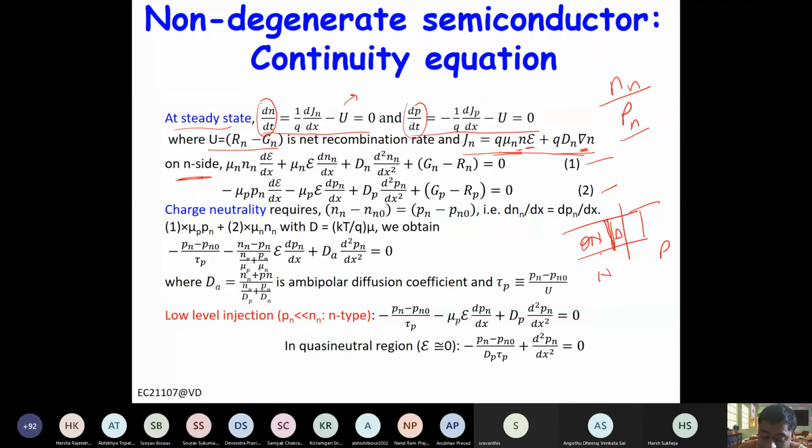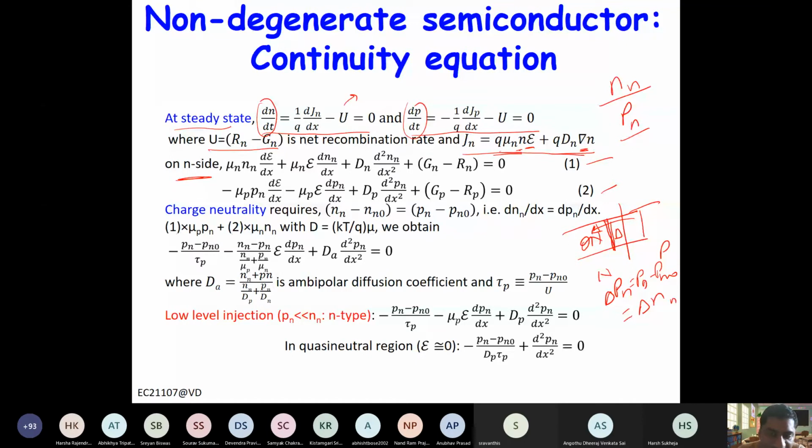It's a neutral region, and here it is n type, so holes are injected here. The hole concentration will change by delta Pn, which is Pn minus Pn naught. So delta Pn is Pn, which are basically injected, minus the background concentration, or the minority carrier concentration. Now if it is to be neutral, then delta Pn has to be the same as delta Nn.